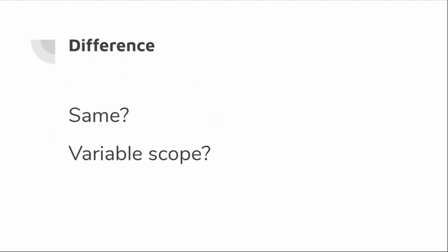Okay, so what is the difference? As I explained, theoretically they both are the same. You can achieve almost everything which can be achieved from one type of loop by another loop as well. But there's one difference, the scope of the variable.